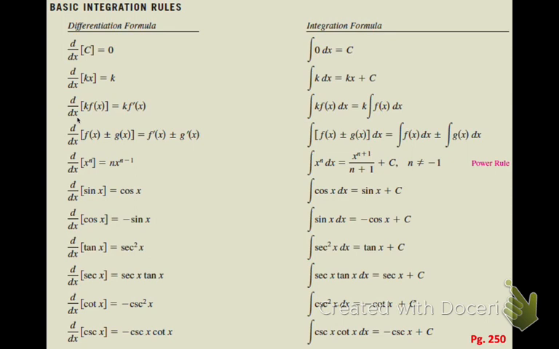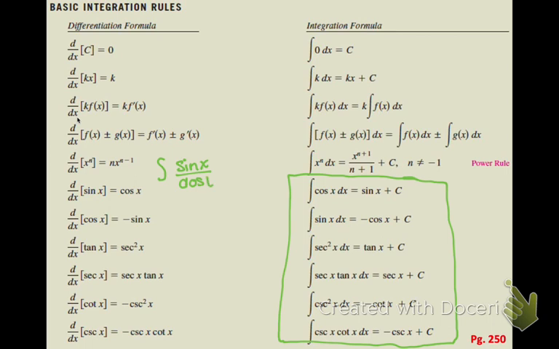So I'm going to go back here. And I want us to look at the integrals and see if we could rewrite the integral of sine of x over cosine of x squared to fit one of them. Letter D. We have a D?